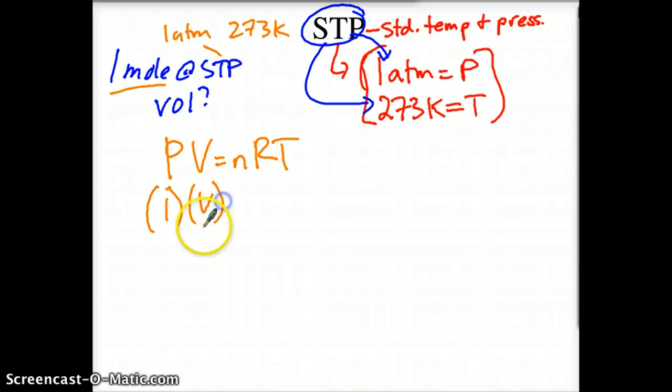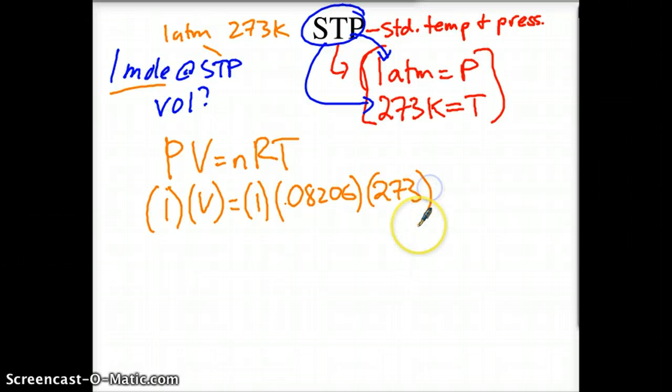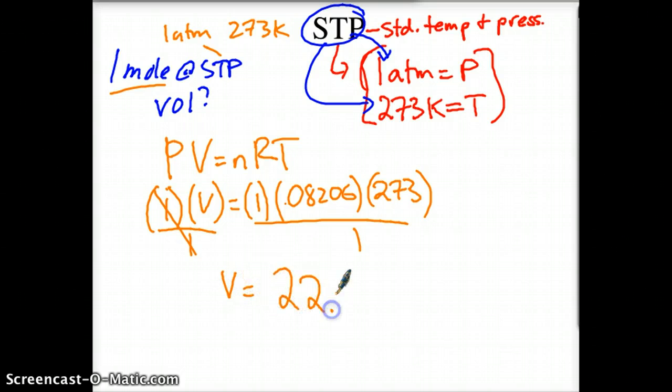Volume, we don't know, that's what we're trying to solve for. Moles, we have 1. R, 0.08206. And our temperature of 273. So, if we go ahead and multiply these numbers together, and divide by 1 on both sides, the volume that we're going to get is going to be equal to 22.4 liters.